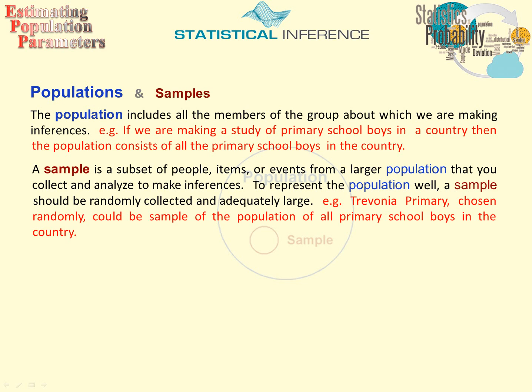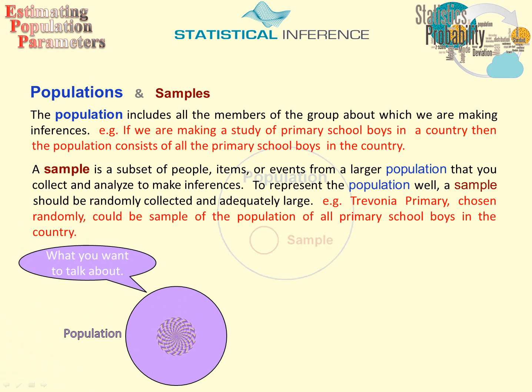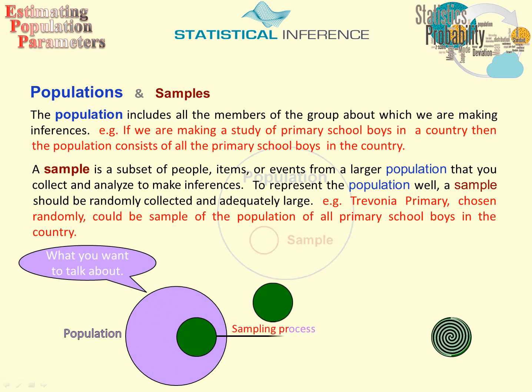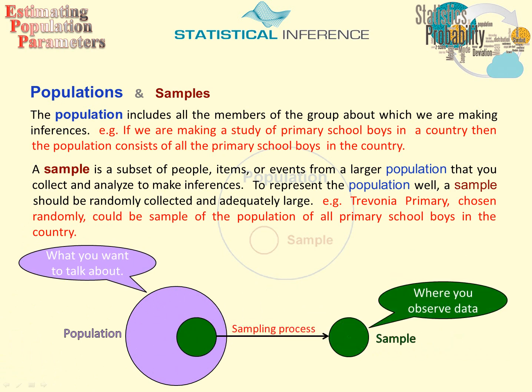Now, obviously, we won't be able to do one alone, because there's a huge range of different schools in the country, from private to public to very poor schools with few resources to wealthy schools with plenty of resources, and that's all going to affect the inferences made. So you take the population, from it you draw a sample, you observe the data, and then make inferences back about the population.